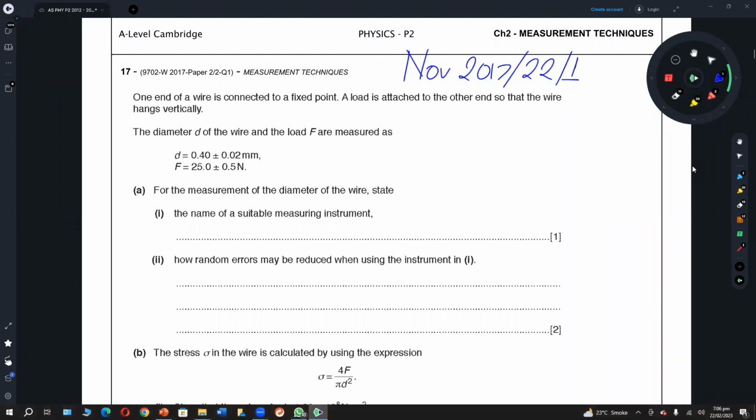For the measurement of the diameter of the wire, give the name of a suitable measuring instrument. It will be a micrometer screw gauge. Micrometer or vernier caliper, the uncertainty is 0.02 millimeter. So micrometer looks fine.